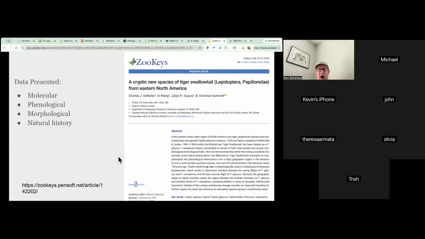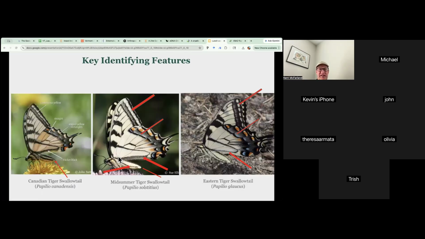And so I've done that to try to figure out how I can learn to deal with these tiger swallowtails in Vermont now, and go back and redetermine a bunch of the tiger swallowtails from previously. It's a work in progress for me still, and I know it will be for a lot of you. So I try to be humble when I'm IDing these things on iNaturalist and eButterfly.